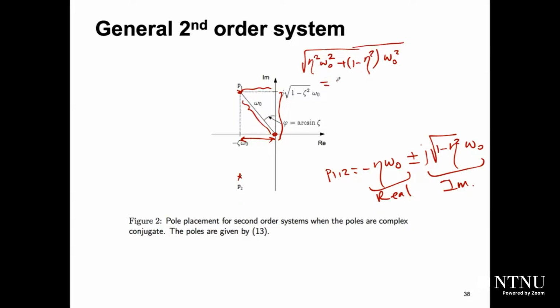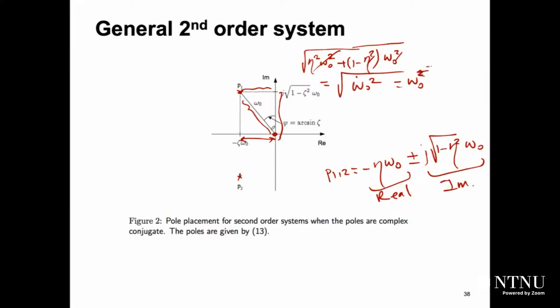So it will be the square root of, that part will cancel that part. So it will be the square root of 1, in fact. It will be the square root of omega naught squared. So it will be omega naught squared, right? Which is the natural frequency. So take the square root of that one. So it will be omega naught.